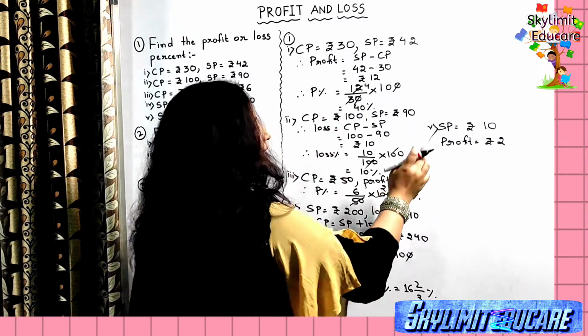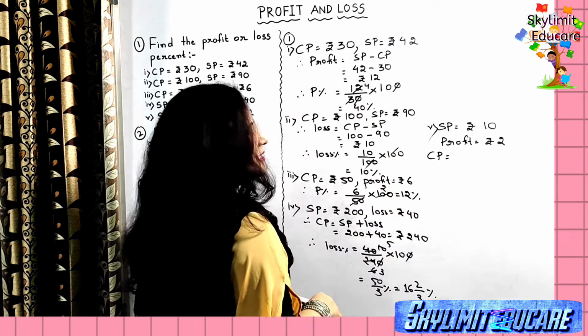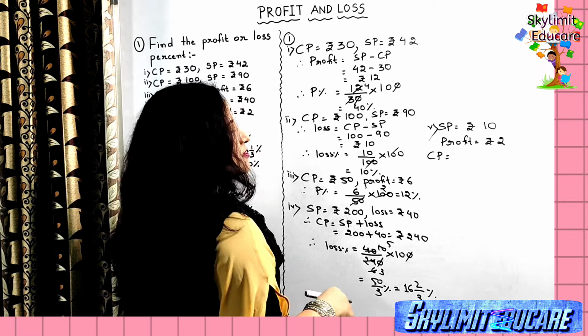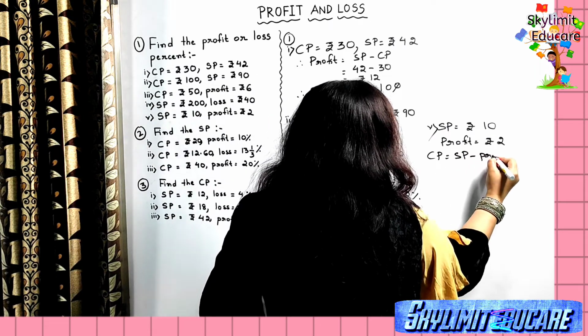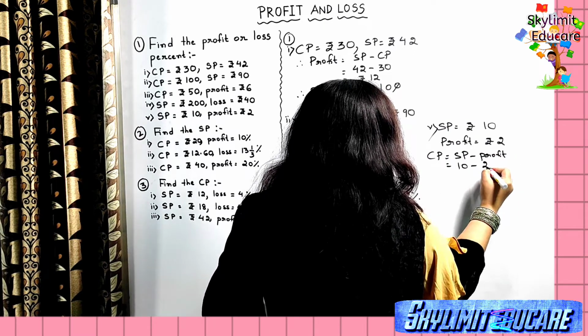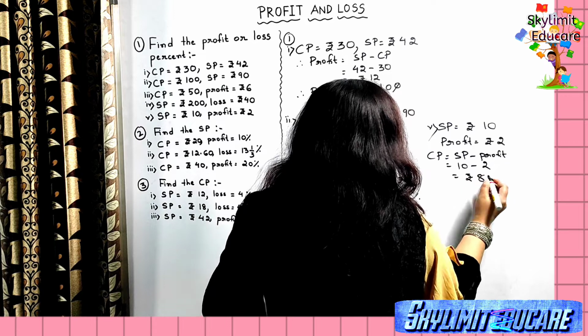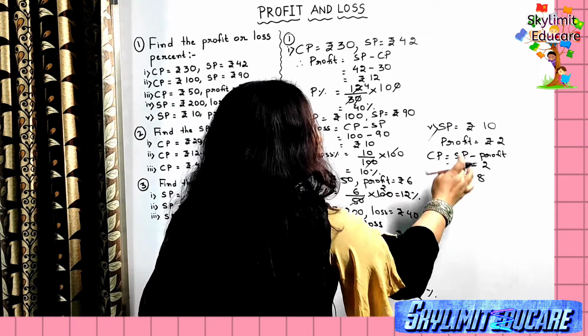Now, how to calculate? I told you whenever you have profit, it means that CP is less. So that means it will be SP minus profit. As you can see here, you got the cost price to be rupees 8. Obviously, you purchased the article at rupees 8 and you sold it at rupees 10.